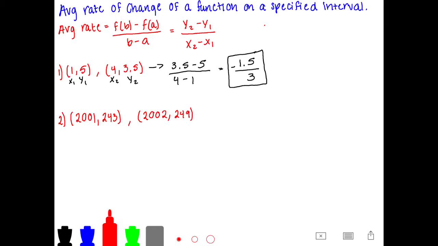Then again, you're going to label your x1, y1, x2, y2, and then we're going to solve. So you're just going to plug it in and solve algebraically. Oh wait, there's actually more to this problem.